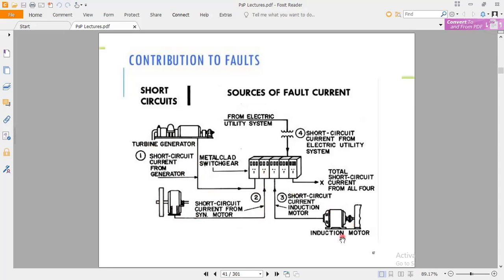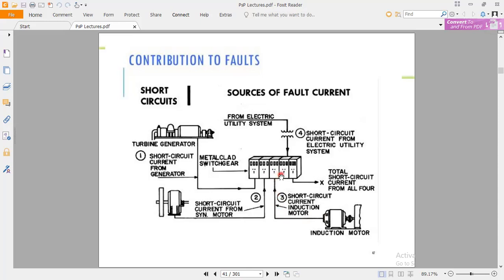Another category of fault causes would be any condition that creates a short circuit current in the induction motor.